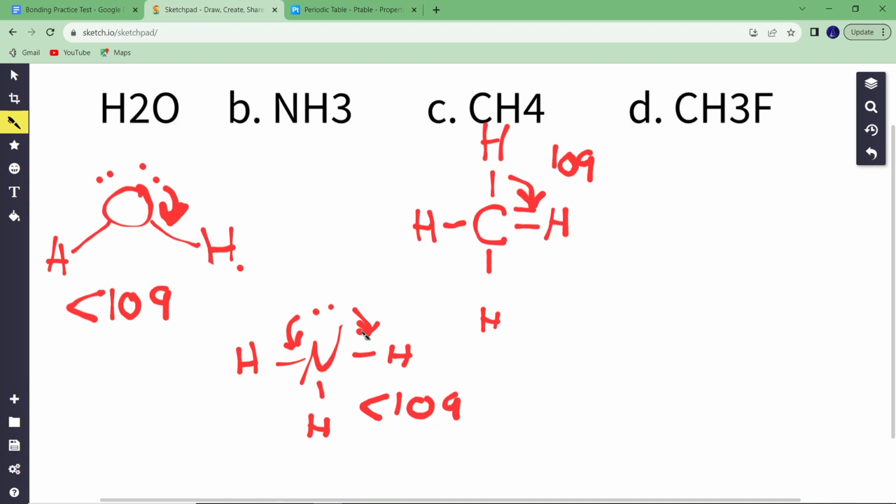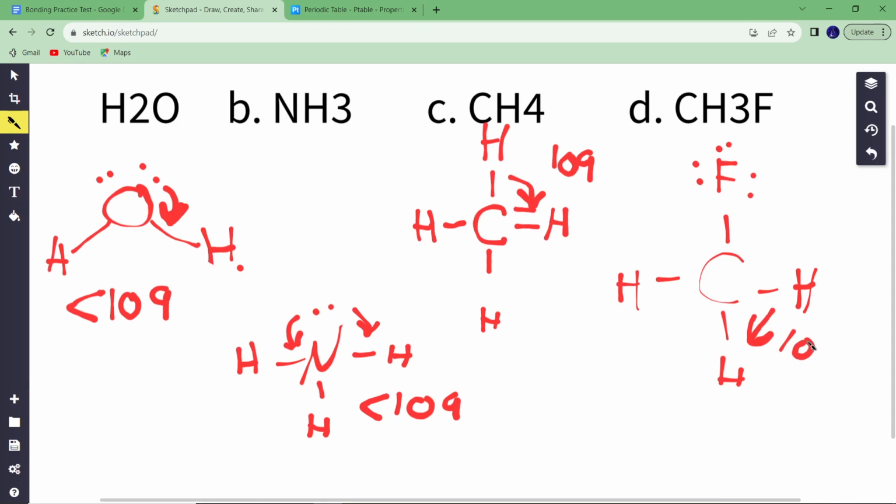The only other question that we have, well, we'll draw this one out too. This is a case where we're going to have F, H, and H. And this is a case where even though we have these extra electrons on fluorine, around this central atom, this one's still going to end up being 109.